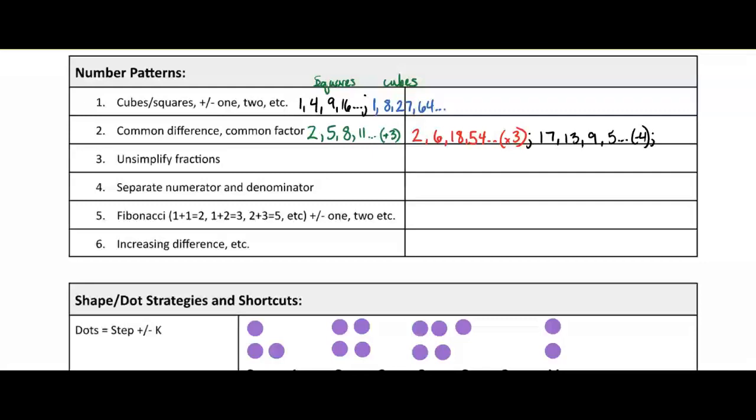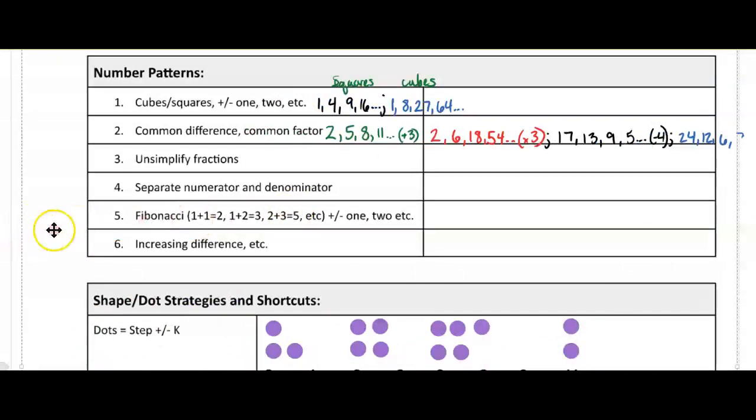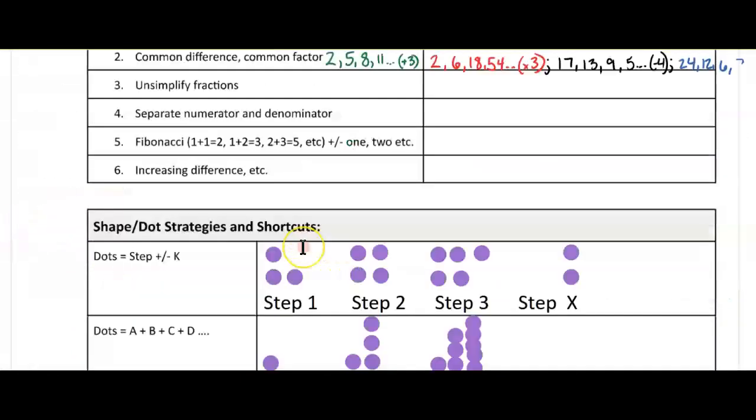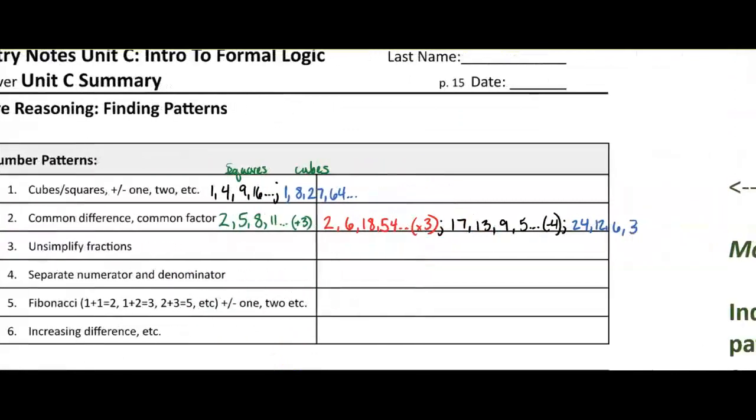Or 24, 12, 6, 3, 1.5. What's happening in this case? Dividing by 2, or multiplying times 1/2.